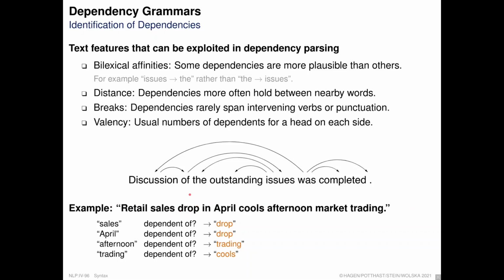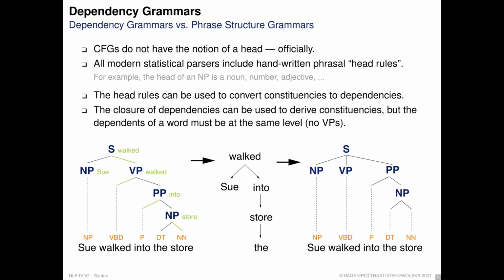The first candidate for the verb is this word drop here, but in fact the main verb is cools, and so the parse has to be, even with human parsing, we make a double take here and reparse the sentence, probably for most humans. Okay.